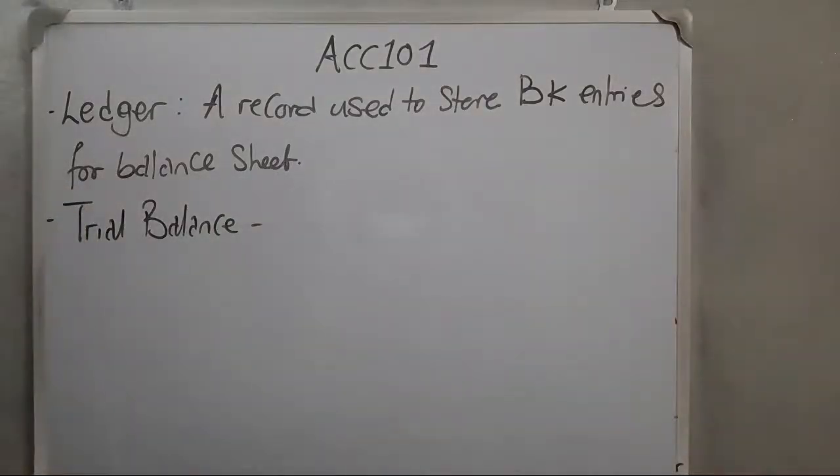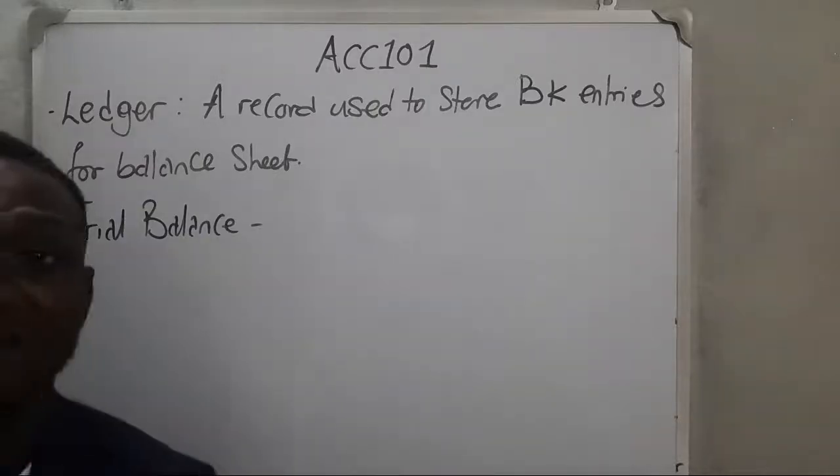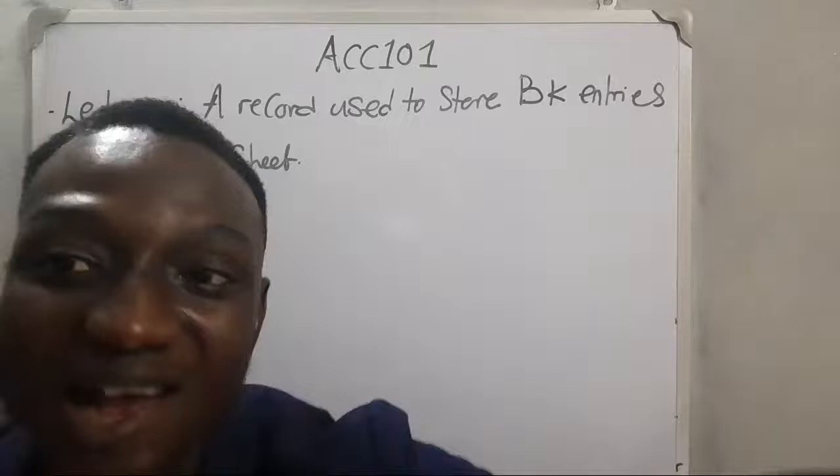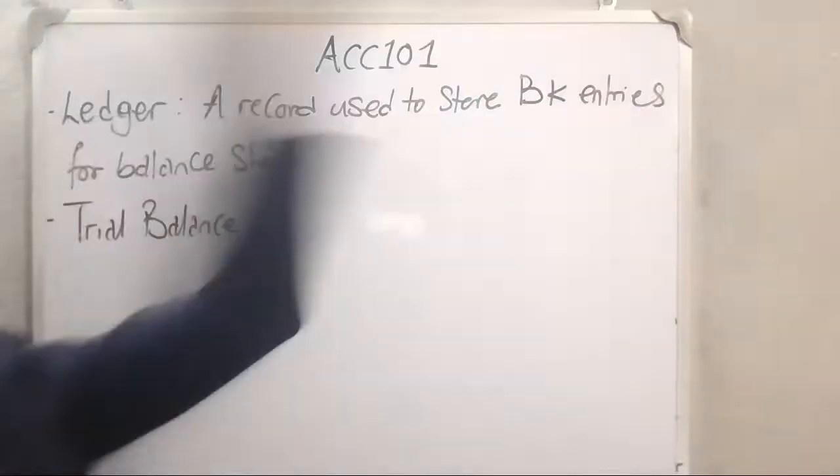So basically the trial balance is done to check that the debit and credit column totals of the general ledger agree. Don't forget I said for every corresponding debit entry there must be a corresponding credit entry.